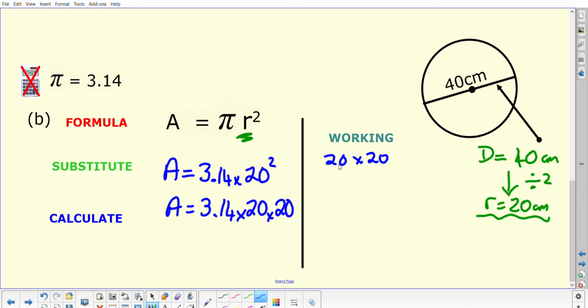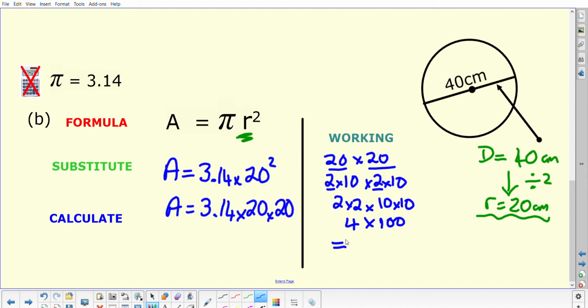How do I do that? Well, you can split each of those numbers up into 2 times 10. Group together your 2s so that you have 2 times 2. Group together the 10s, so you've got 10 times 10. You can clearly see 2 times 2 is 4, 10 times 10 is 100. So your answer to 20 times 20 is 400, or however you do that in your head.